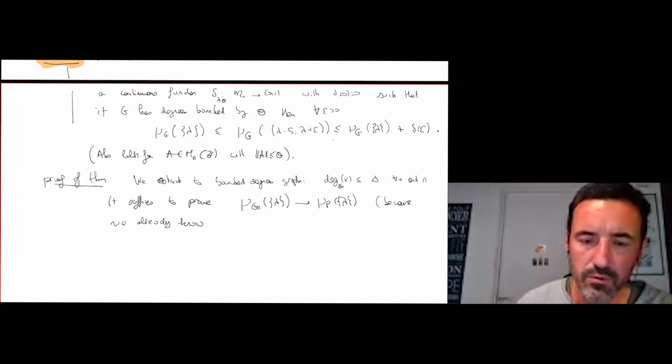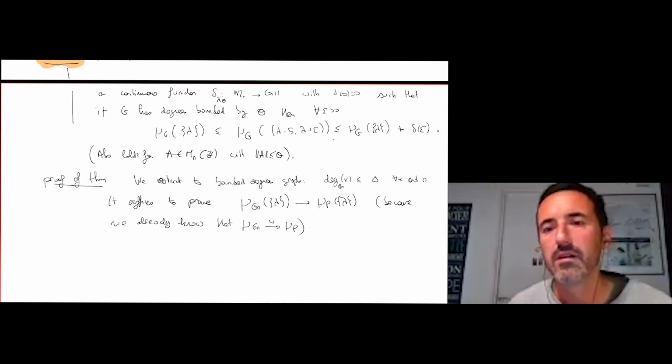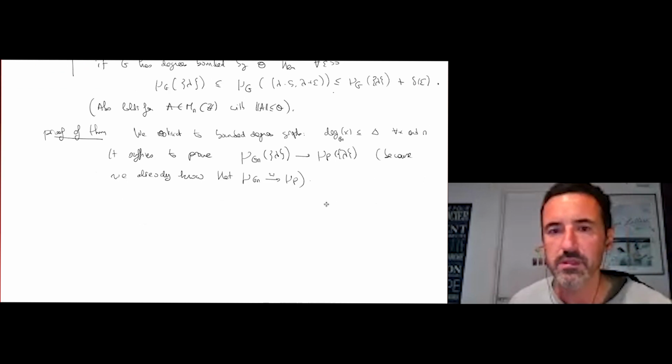This is what I just proved before, that mu of G_n converges weakly to mu rho. So we have to prove the convergence of atoms.